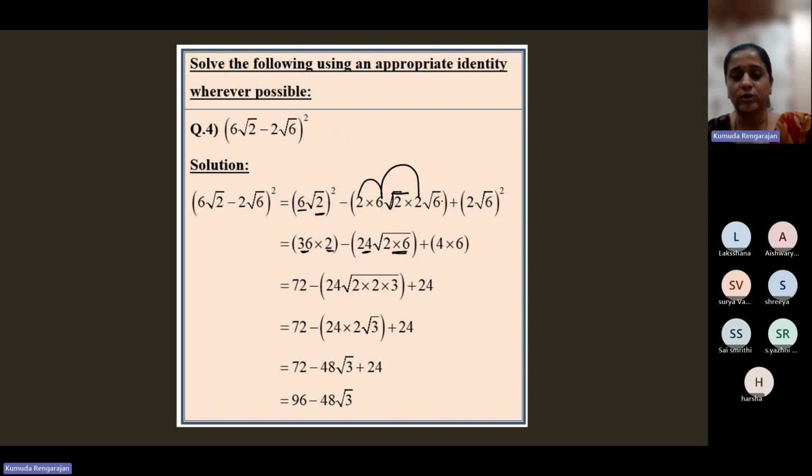Square root of 2 into 6. And here 2 2s are 4. Root 6 into root 6 is 6. 36 into 2, 72. 4 6s are 24. And 72 plus 24 is 96.